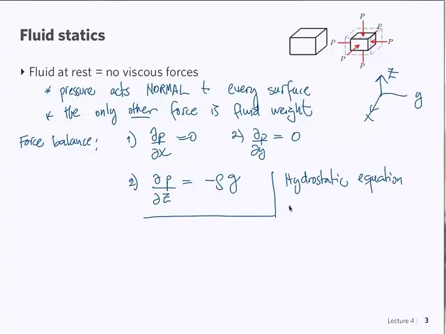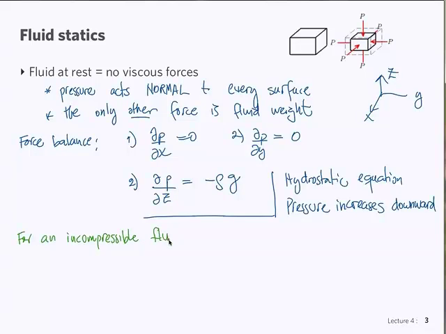So just remember, pressure increases downward. For an incompressible fluid, rho is equal to a constant.